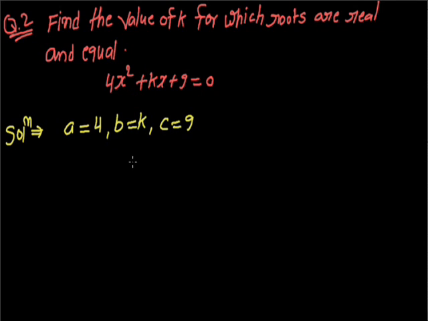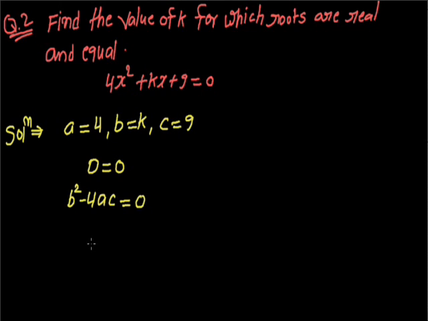Now since roots are real and equal, the condition is that D should be equal to 0. Now D is equal to b square minus 4ac, and the value of b square minus 4ac should be equal to 0.